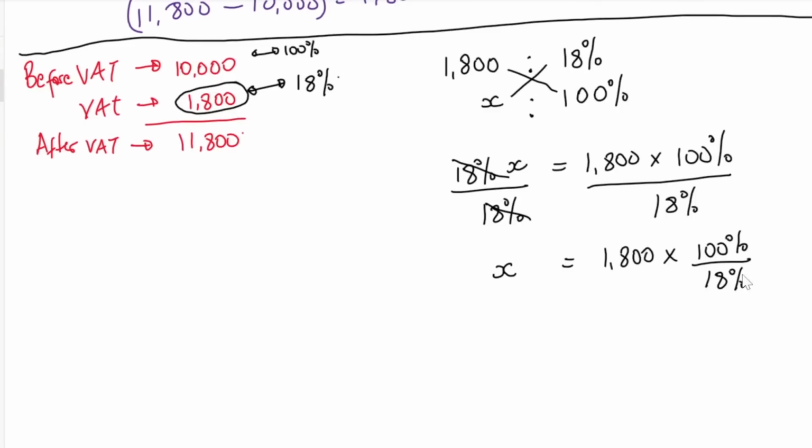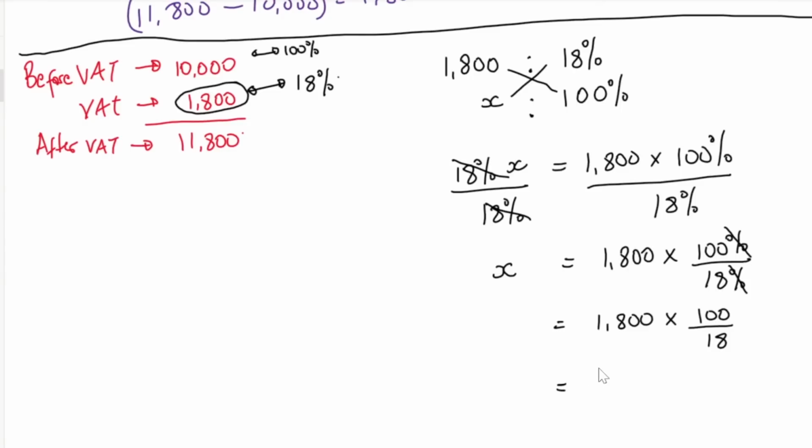Now these percentage signs can be done away with. This percentage sign and that percentage sign can go. So I remain with 1,800 multiplied by 100 over 18. Now I change this multiplication sign into division.